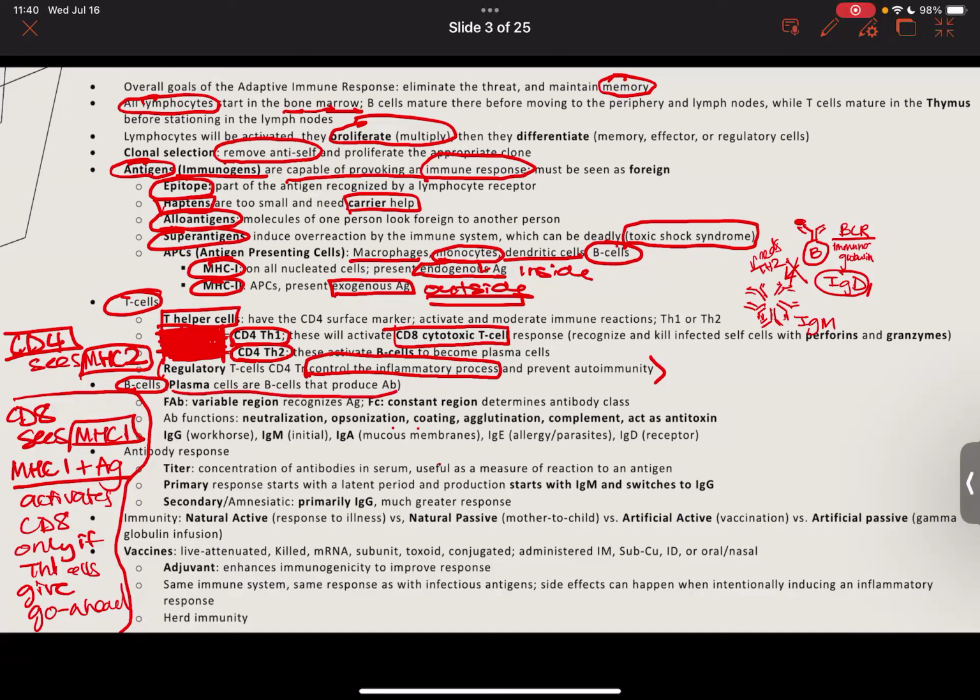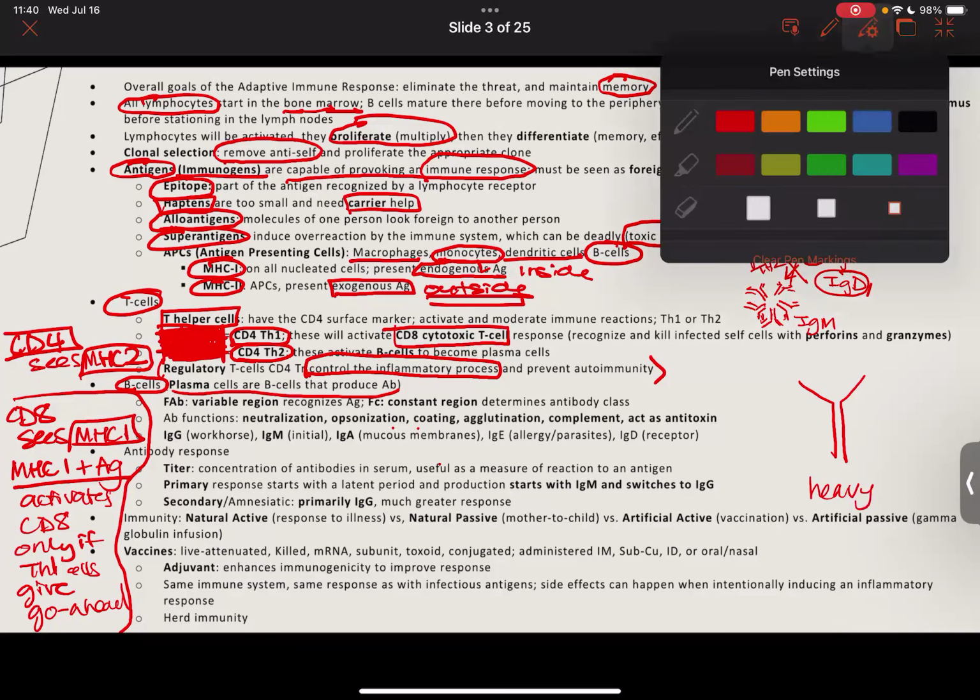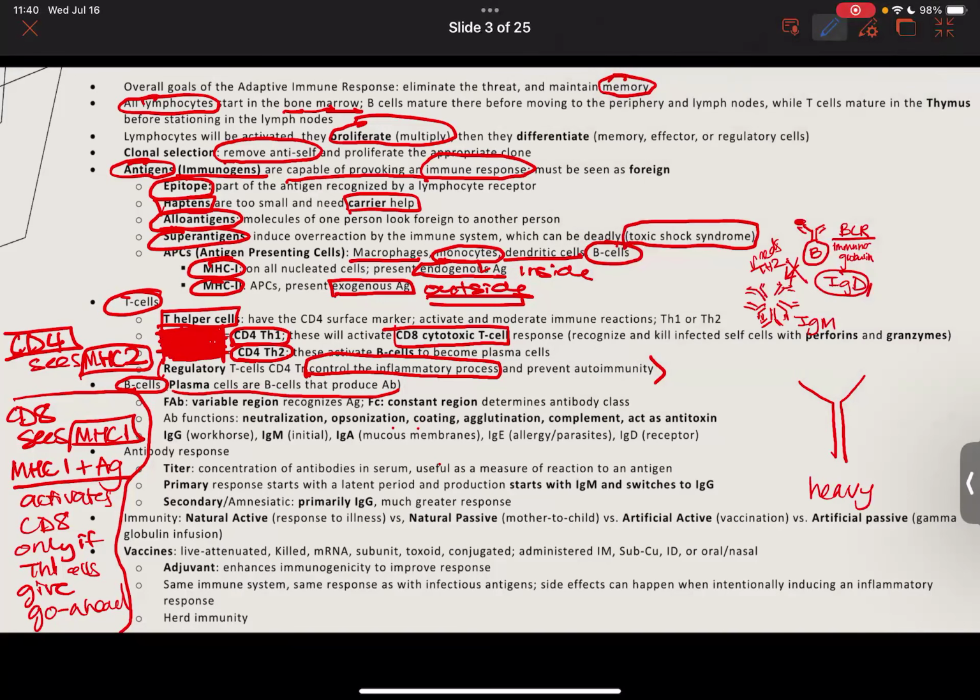Plasma cells are B cells that produce antibody. Antibody looks like this. Two long pieces, which we call the heavy chains, and two short pieces, which we call the light chains. The light chains and the heavy chains, basically like the part that interacts with the antigen.